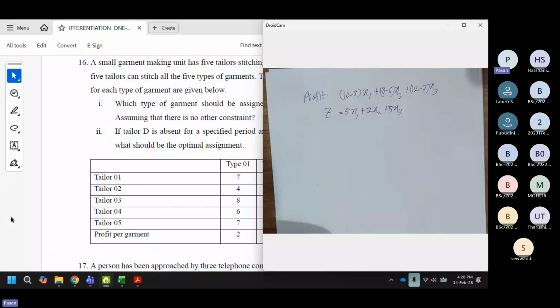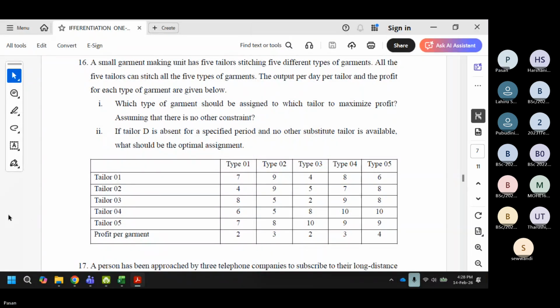So this is switched off. So we'll assume that each type has to be given to one tailor, right? So therefore, all five of them have to be produced, right?